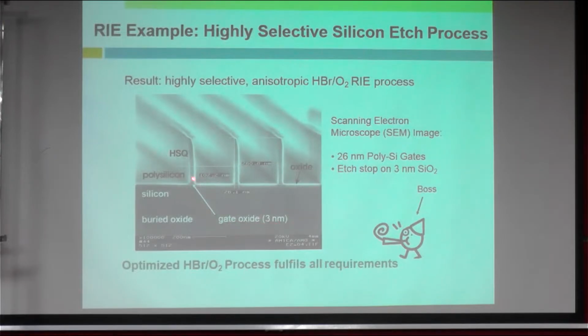This is 3 nanometers, and the height is 102 nanometers. So 26 nanometers here. So quite a high aspect ratio structure can be formed using deep RIE.